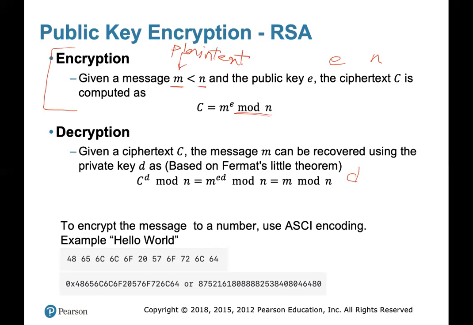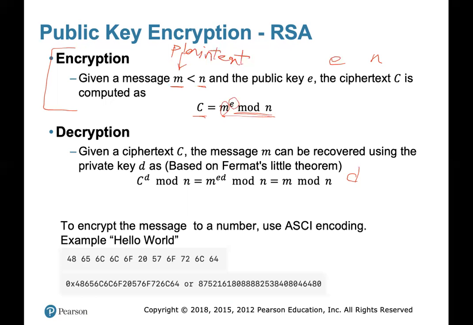And we encrypt it this way. We just take m to the power of e mod n. This is the encryption process. That's it. It's that easy. You just take m to the power of e and take the remainder modulo n, and that's going to be our ciphertext.